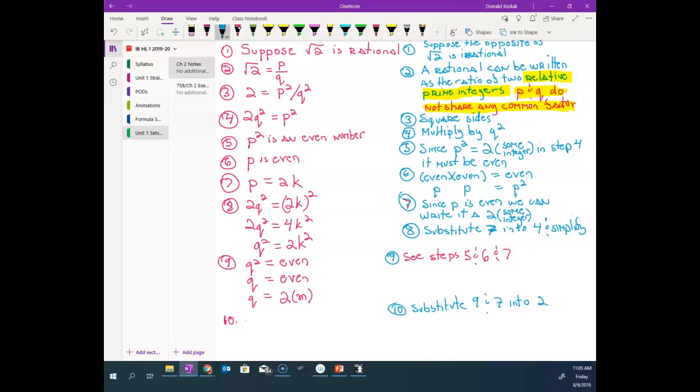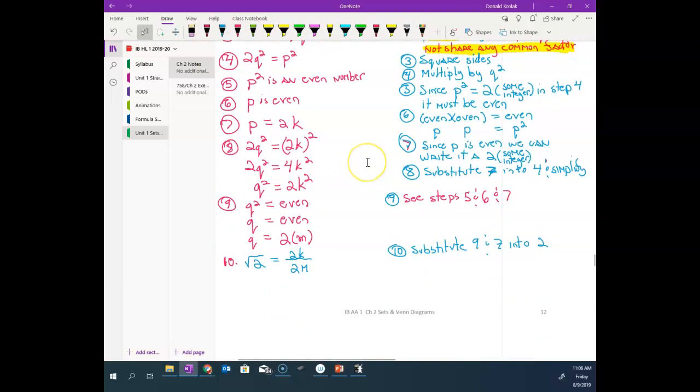So what that creates is it now says root 2 is equal, p is 2k, q is 2m, and that's the contradiction.